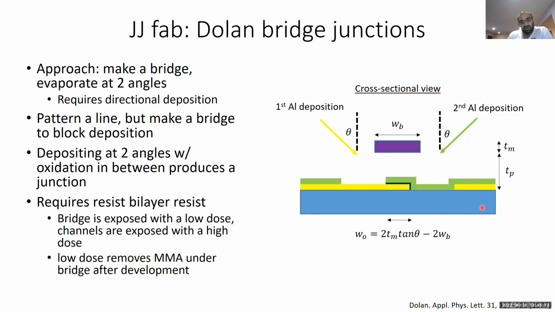TM is supposed to be the thickness of your MMA. TP is the thickness of your PMMA. I'll change that.